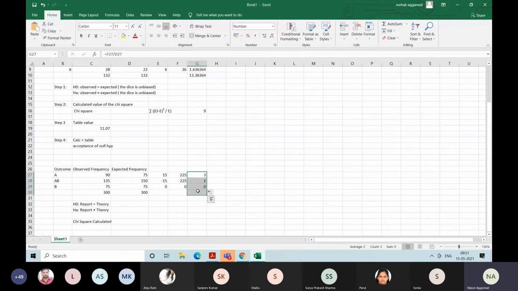This is coming out to be 5. You are telling 2.25 divided by 150 gives 1.5, sir.